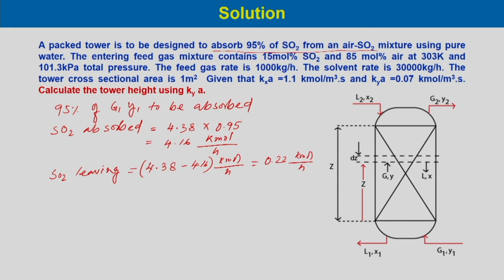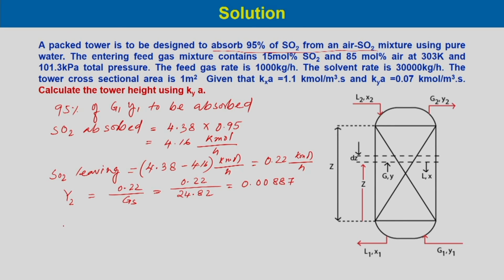So, now we can calculate capital Y2, which would be equal to 0.22 divided by Gs, which is 0.22 divided by 24.82. So, this would be about 0.00887.